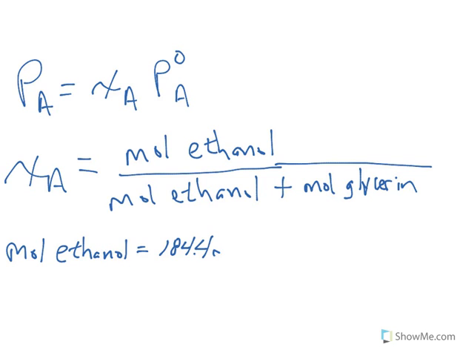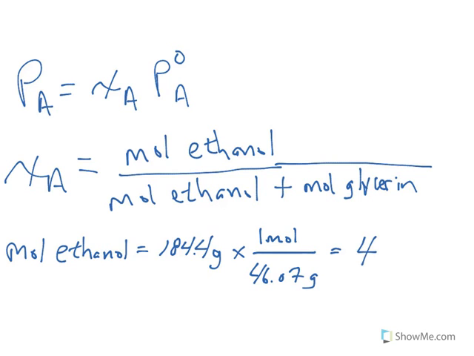That's the mass we've got. And now we need the formula weight of ethanol, and it's 46.07 grams per 1 mole. So I do that math, and I take 184.4 and divide it by 46.07, and I get a value of 4.